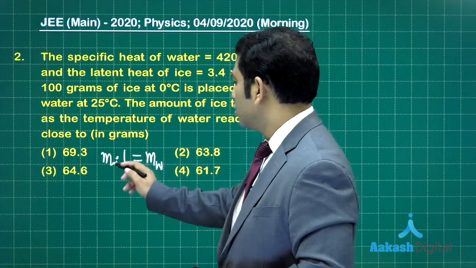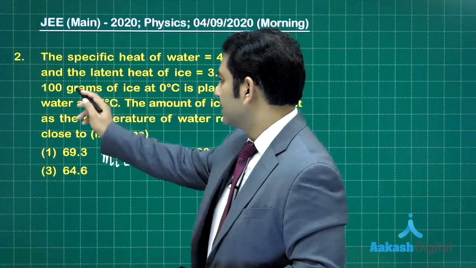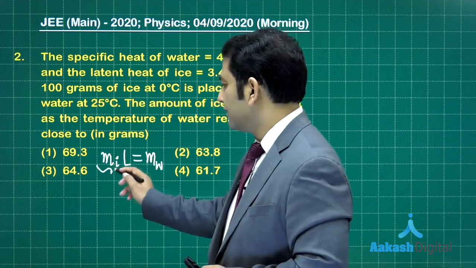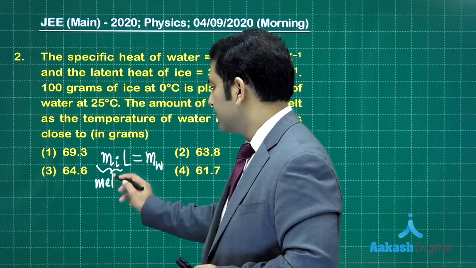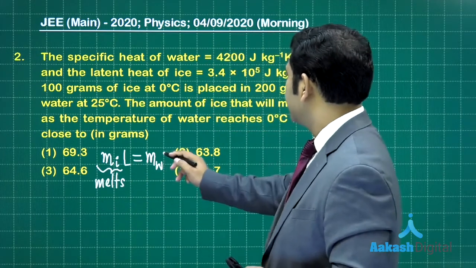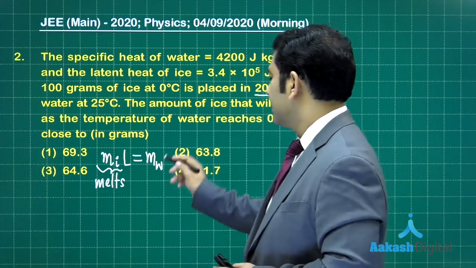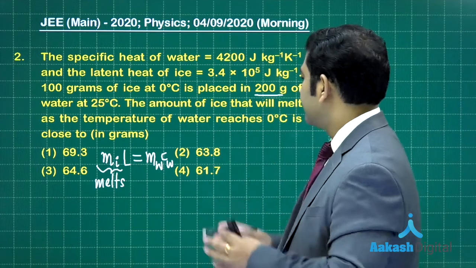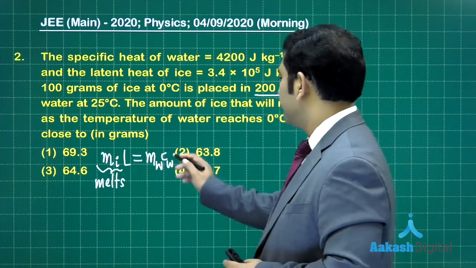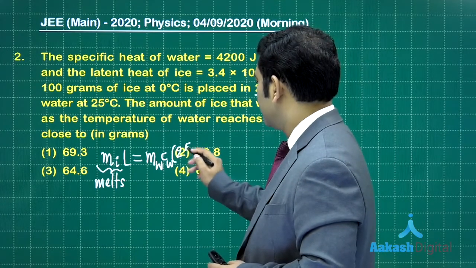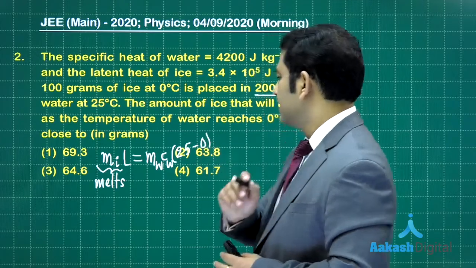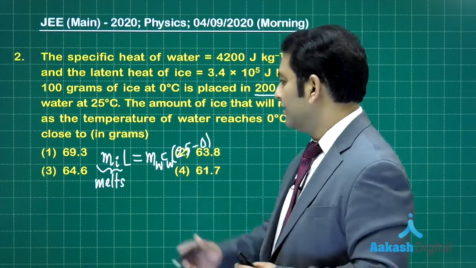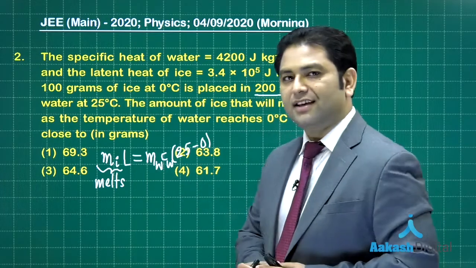Just keep in mind, don't confuse this Mi with 100 gram. 100 gram is the total ice, but this Mi is the mass of ice that melts. Let me make it clear here. While this MW is the total 200 gram, specific heat of water multiplied by delta theta, and delta theta will be, of course, 25 minus of 0, isn't it? mc delta theta, the heat lost by water would be used by the ice.